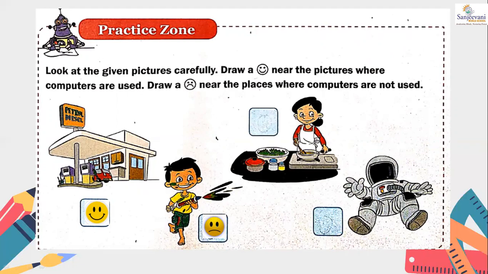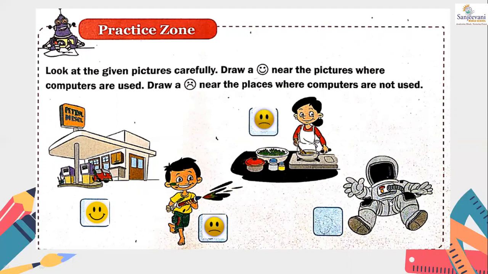Now, have you seen your mom cooking in the kitchen with a computer? No, she does not cook with a computer. She requires a gas stove, vessels and vegetables to cook. So she does not require a computer to cook food. So here the woman also does not require a computer. So we will give her a sad smiley.